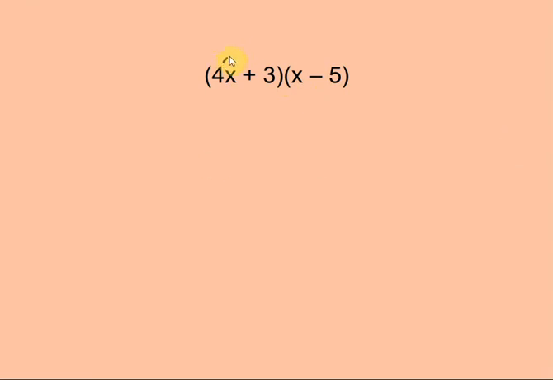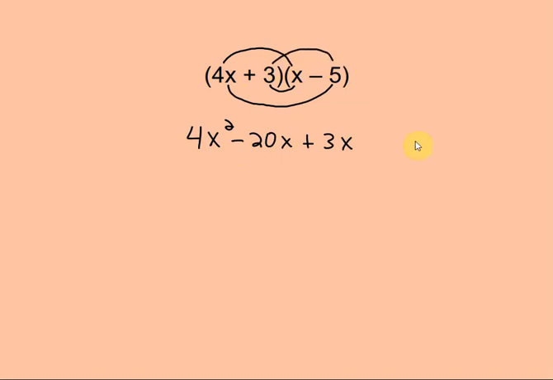Okay, so we'll multiply the first two terms together, and that gives me 4x times x, which is 4x squared. Then the outer two terms, 4x times negative 5 would be a negative 20x. The inner two terms give me a plus 3x, and the last two terms are a negative 15.